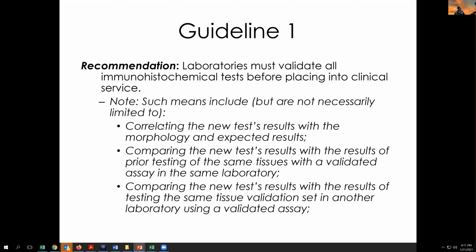Correlating a new test with the morphology and expected results could be acceptable. Comparing that new test with something that's been validated in the same laboratory previously, that's acceptable. Or comparing with a validation set validated in another laboratory that has a validated assay would also be acceptable.